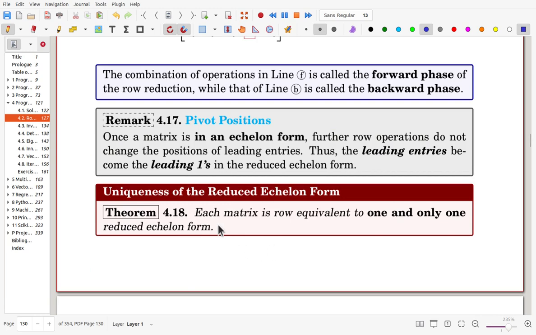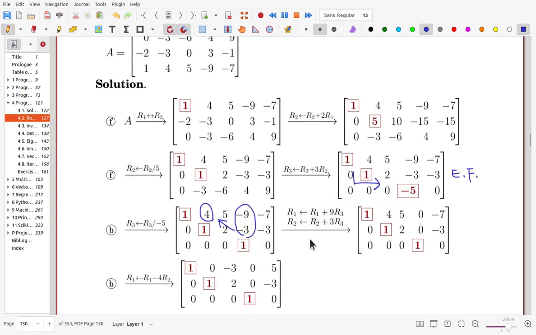Each matrix is row equivalent to one and only one reduced echelon form. This means that for this given matrix, this is an echelon form. Also, after scaling, this is also an echelon form.